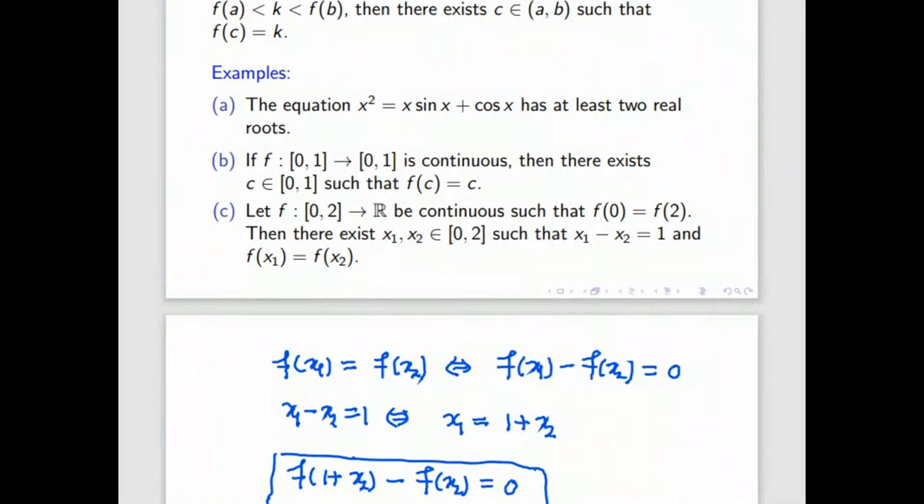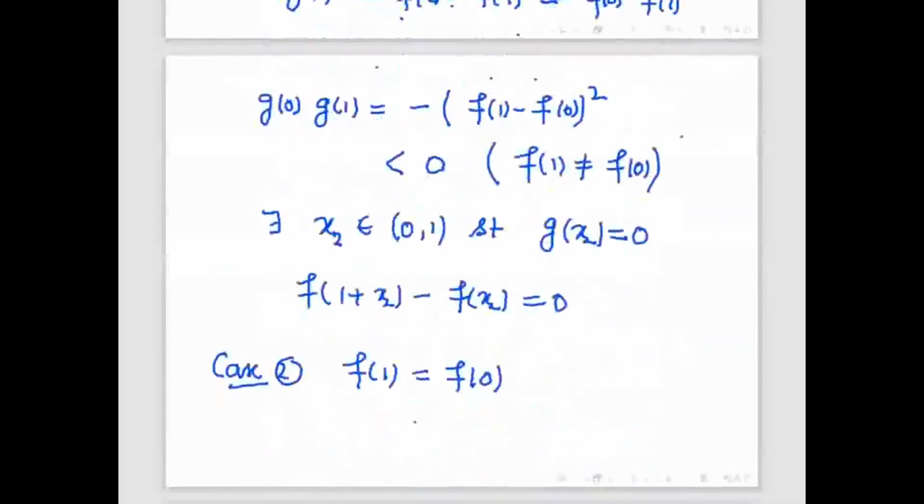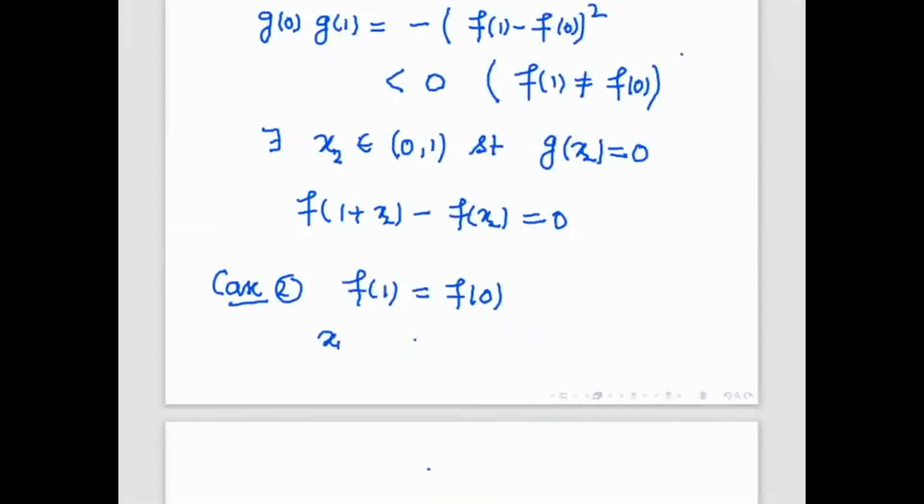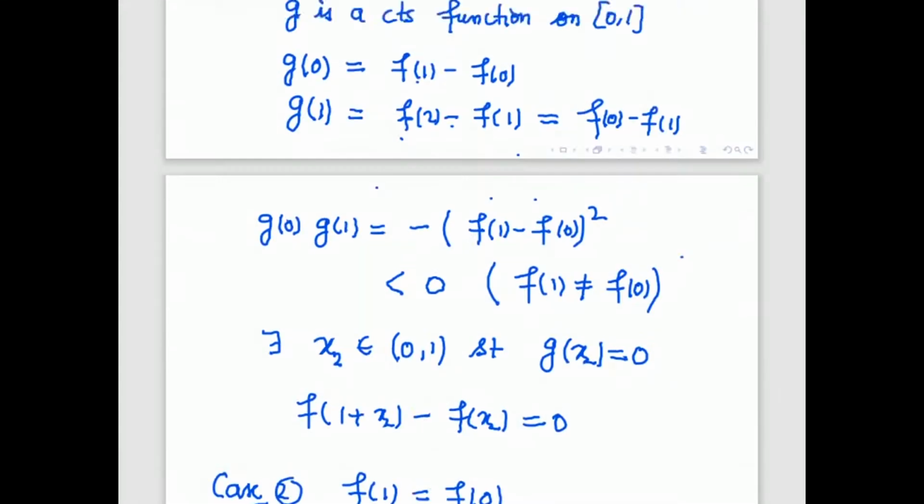So nothing to prove. It is already satisfying that property with x1 equal to 1 and x2 equal to 0. The difference x1 minus x2 is 1 and f of x1 equals f of x2. So in both cases, that property is satisfied.